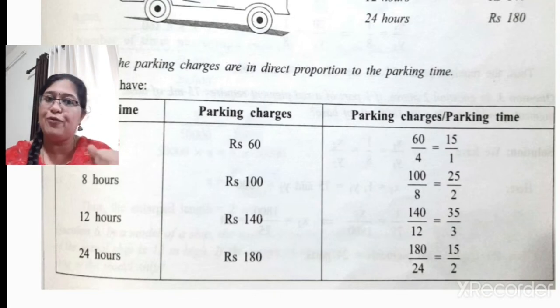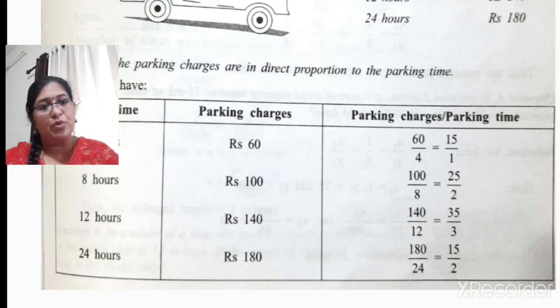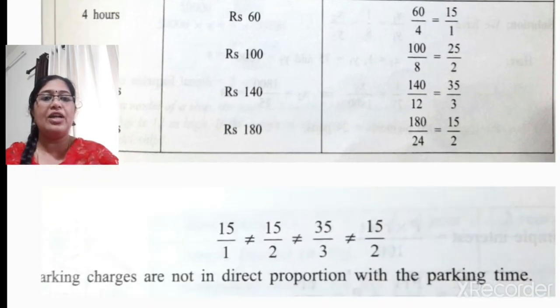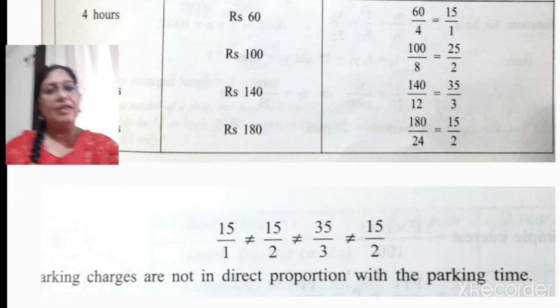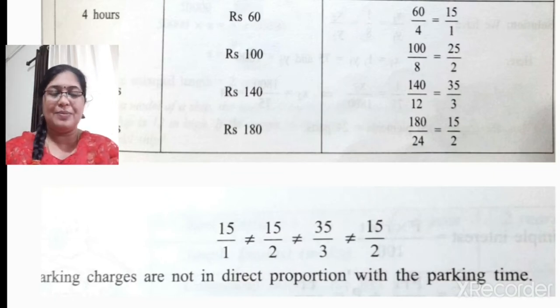The values are different, so we can't tell that it is proportional. So it is not direct proportional. Charges are not in direct proportion with the parking time. If it is direct, the answer should be the same or it should be constant. Got it?